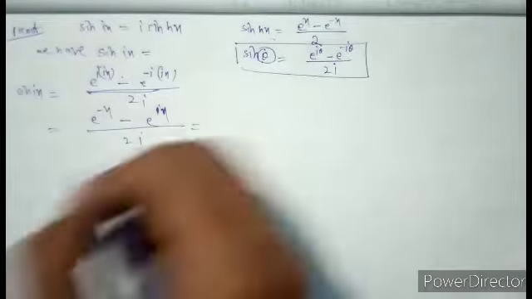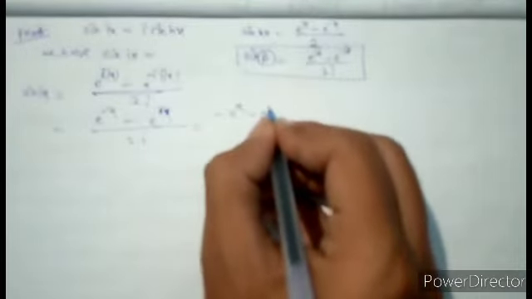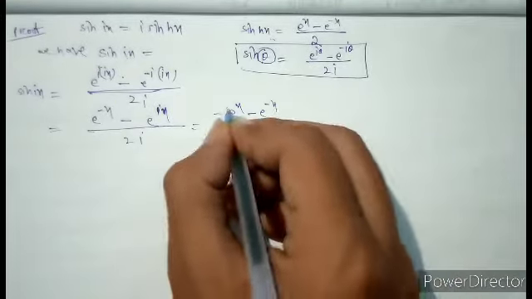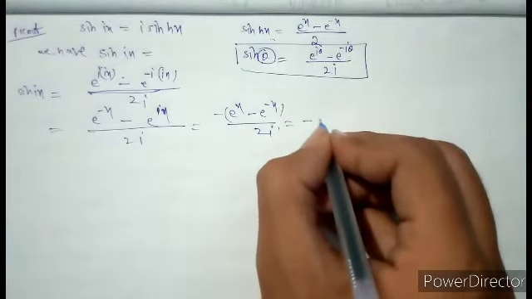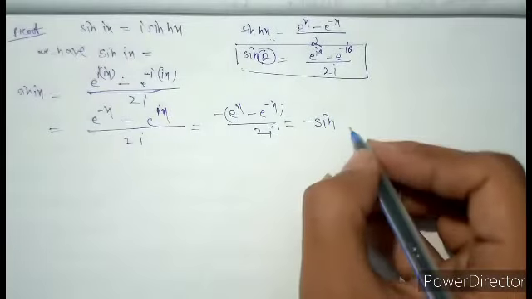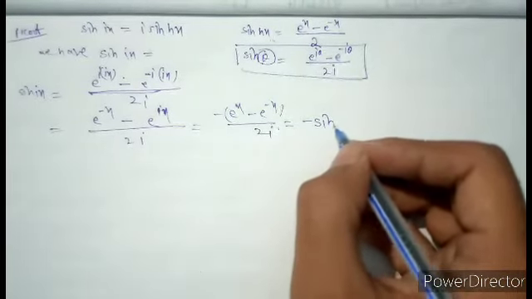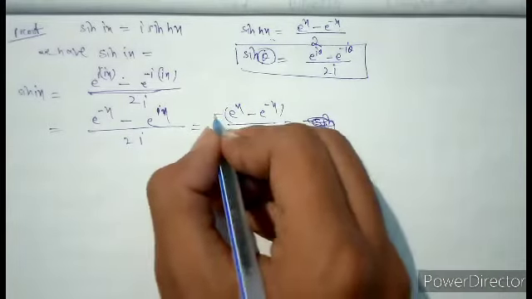Then taking the negative common, that is (e to the power x minus e to the power minus x) upon 2i, with a sign of minus.